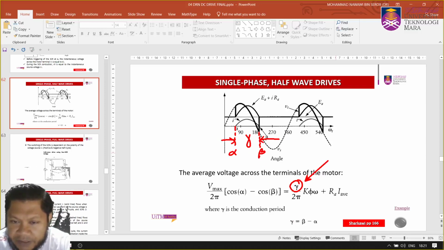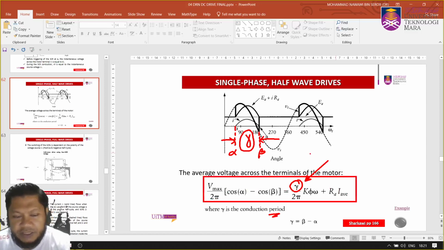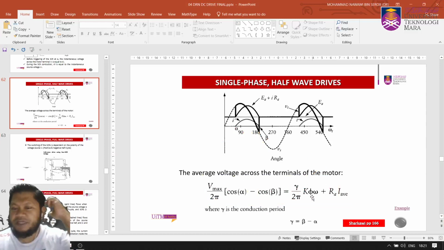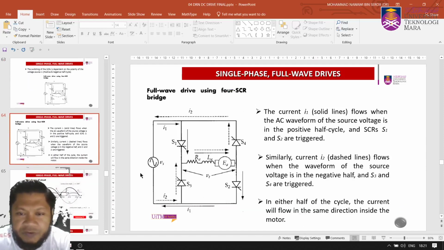Therefore, whatever beta is, you subtract alpha from it, and it will give you the conduction angle or conduction period. So you replace here to get all the equations, and then you can find the speed and the rest. Now we look into the single phase full wave.